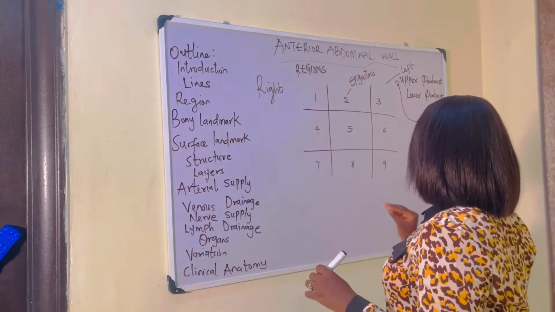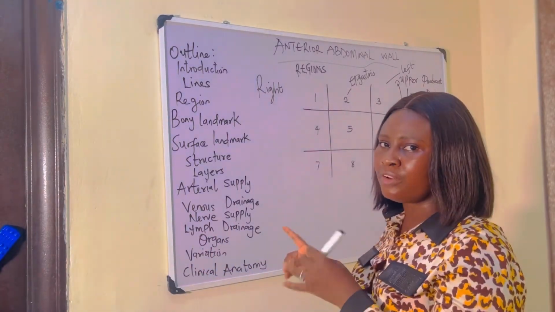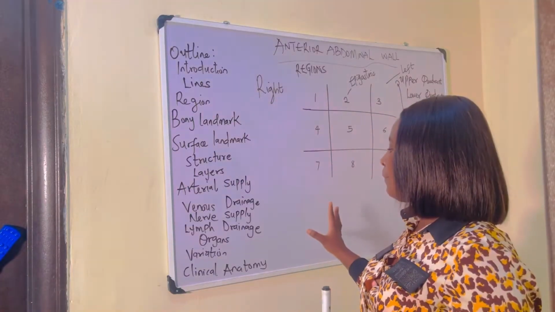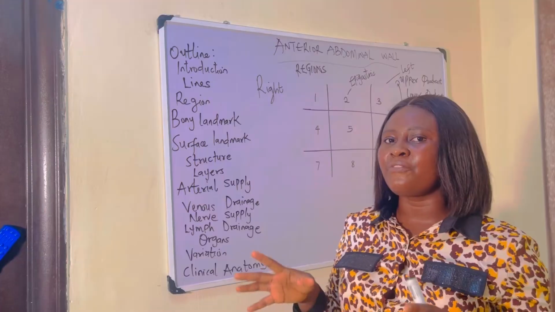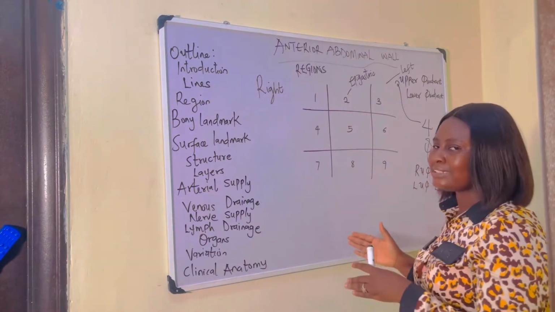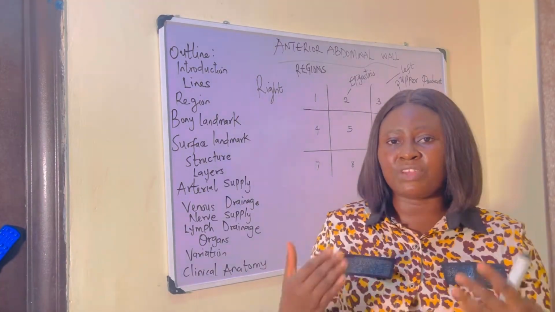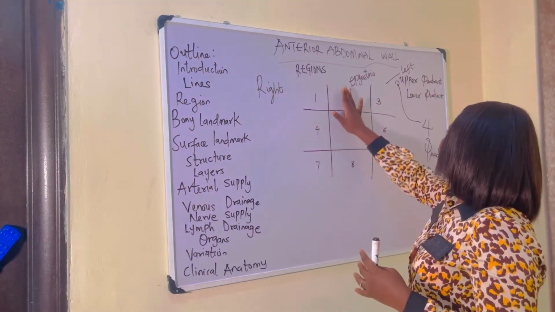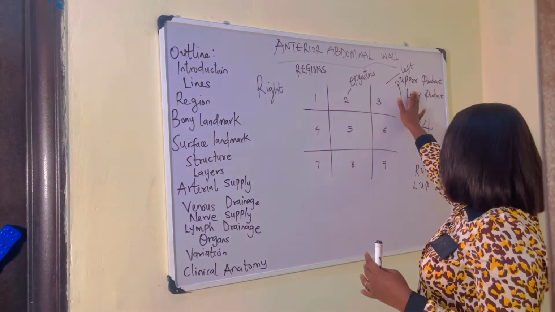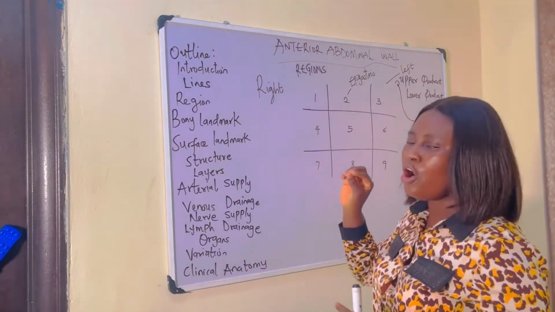Okay, so it's good for you to understand the regions of the anterior abdominal wall, because in the course of this class, we are going to be talking about organs that we can see in the various regions. Some organs can extend from one region to the other, just as I've given you an instance with the stomach. Okay, so the stomach covers the epigastric region, the left hypochondriac region, and the umbilical region.